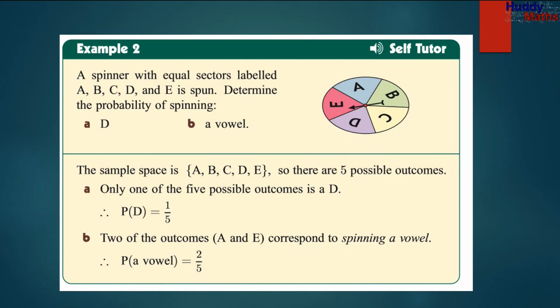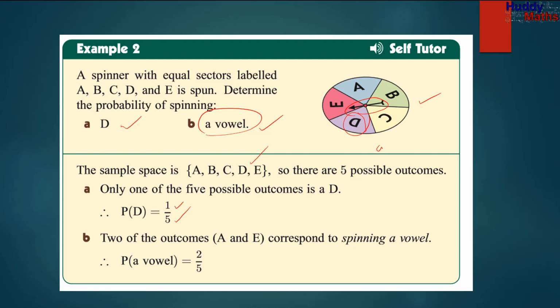All right, so here's an example to show you, and then I'm going to get you to do some again. So we've got a spinner again here with this little thing in the middle spinning around. We want the probability of getting a D or a vowel. Part A, a D, so where is it? Yeah, there's only 1. And here's our sample space, that's 1 out of 5. Now, the vowel, what's a vowel?